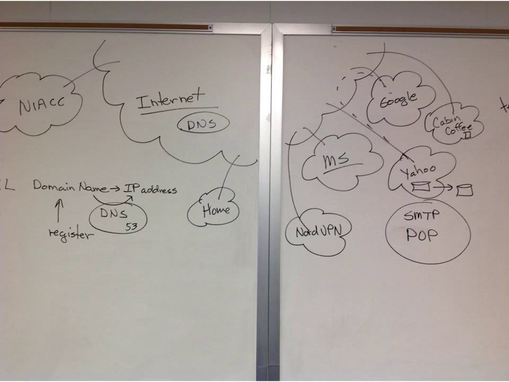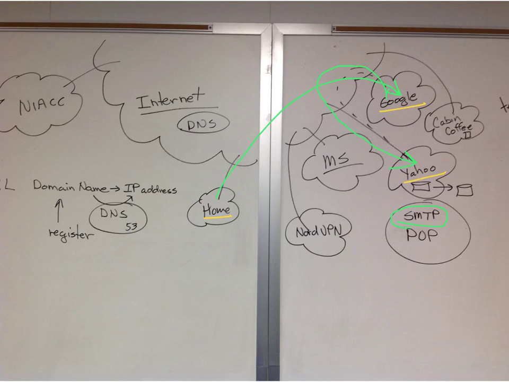Then we looked at this big picture. For example, you might be at home and use your Google account to send some email to somebody on Yahoo. So you communicate to your account here, and then that communicates to here using Simple Mail Transfer Protocol.